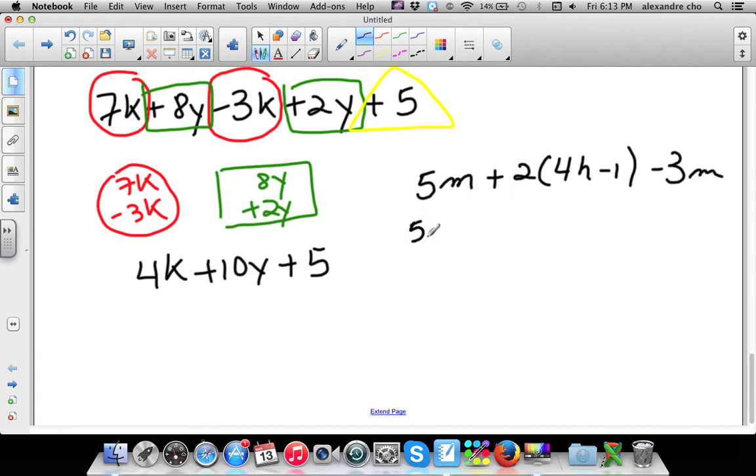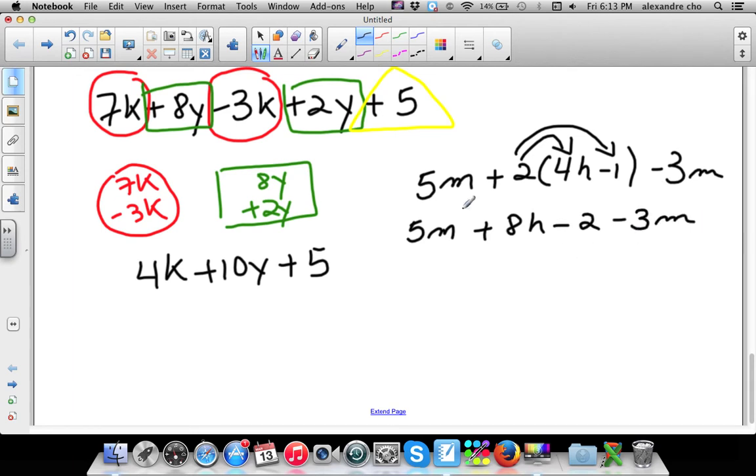The 5m stays as it is because there's nothing happening to it. And we're going to multiply the 2 times the 4h and the 2 times the 1 in the back. So 2 times 4h is 8h, and 2 times 1 in the back is 2. It's 2, but careful, it's a subtraction sign. Okay, and the minus 3m in the back we'll just copy.